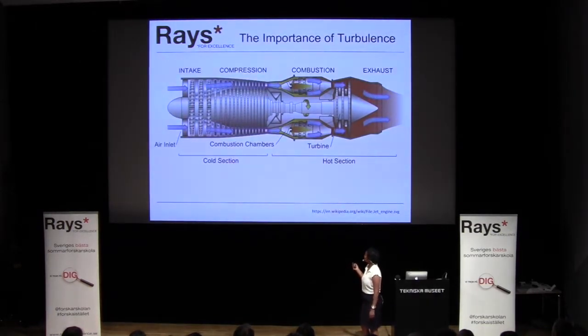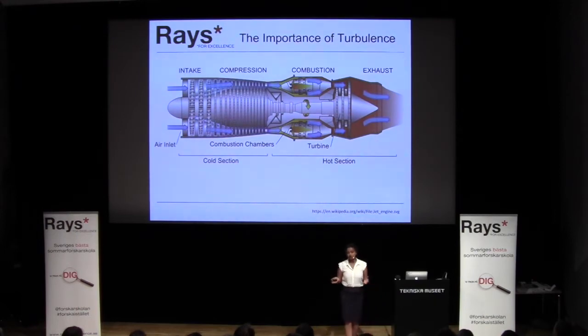In a jet engine, the pipes that are found in the jet engine are built so that the geometry of the pipes promotes turbulence. Why? So that the turbine blades can cool faster. That's important.